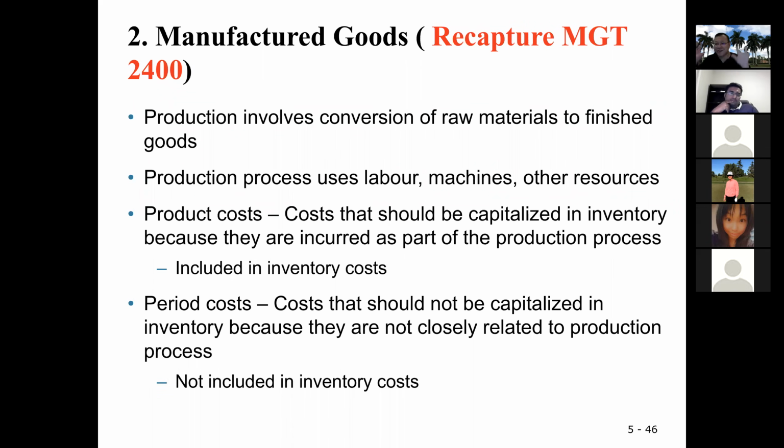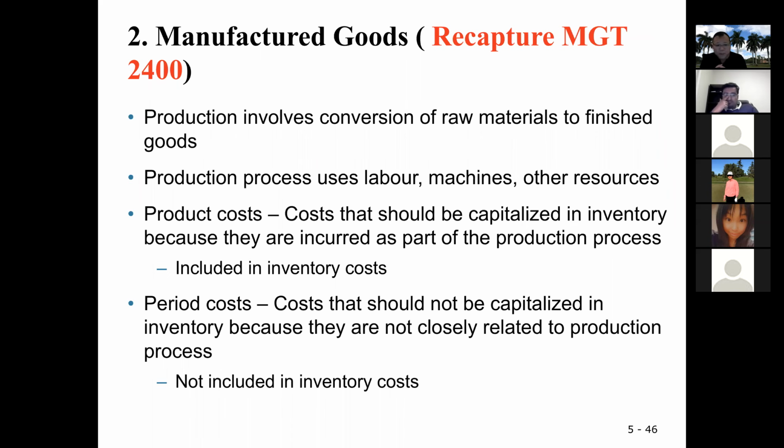So you basically have three inventories. You have raw materials inventory, and you have work in process, which is the items you have already spent labor on. And then you have finished goods inventory, which captures all the goods that have been completed. So you have three inventory levels.